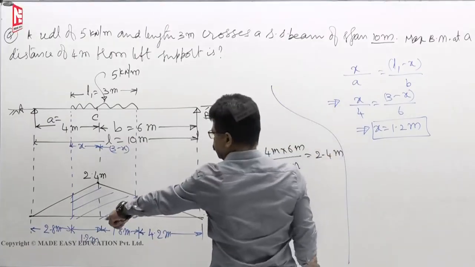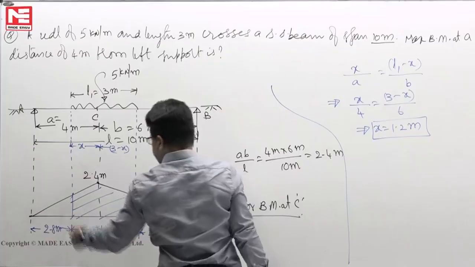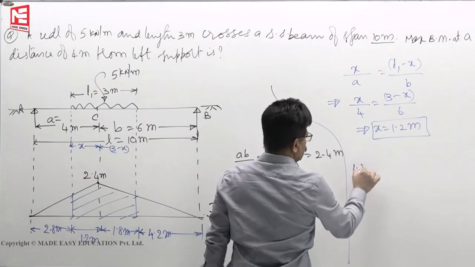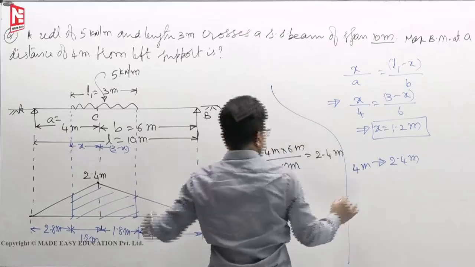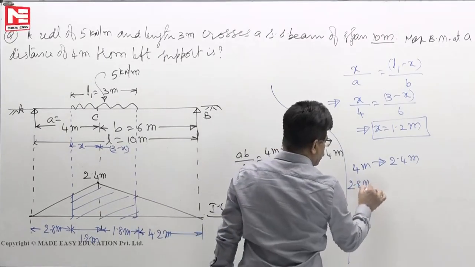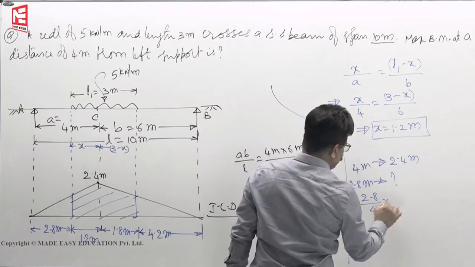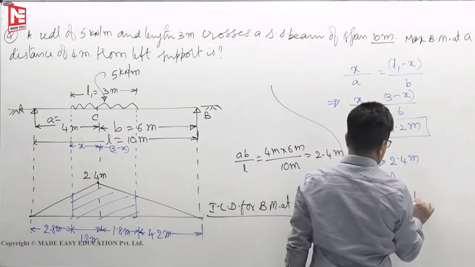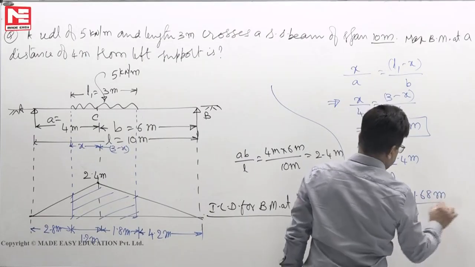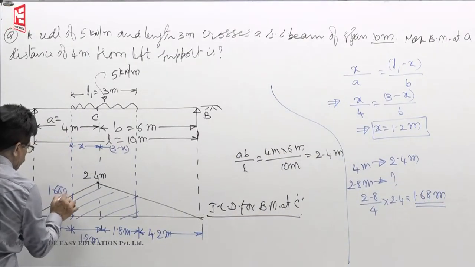If you take the linear interpolation, see here, for a distance of 4 meters, it is 2.4 meters. For a distance of 2.8 meters, what is the ordinate? 2.8 by 4 into 2.4. So, 1.68 meters. So, this ordinate here you will get 1.68 meters.